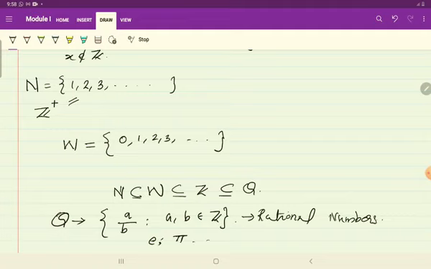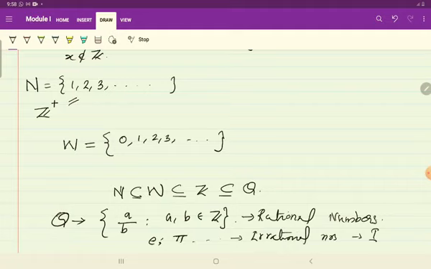These types of numbers are called irrationals, and we denote the irrational numbers by the capital letter I.